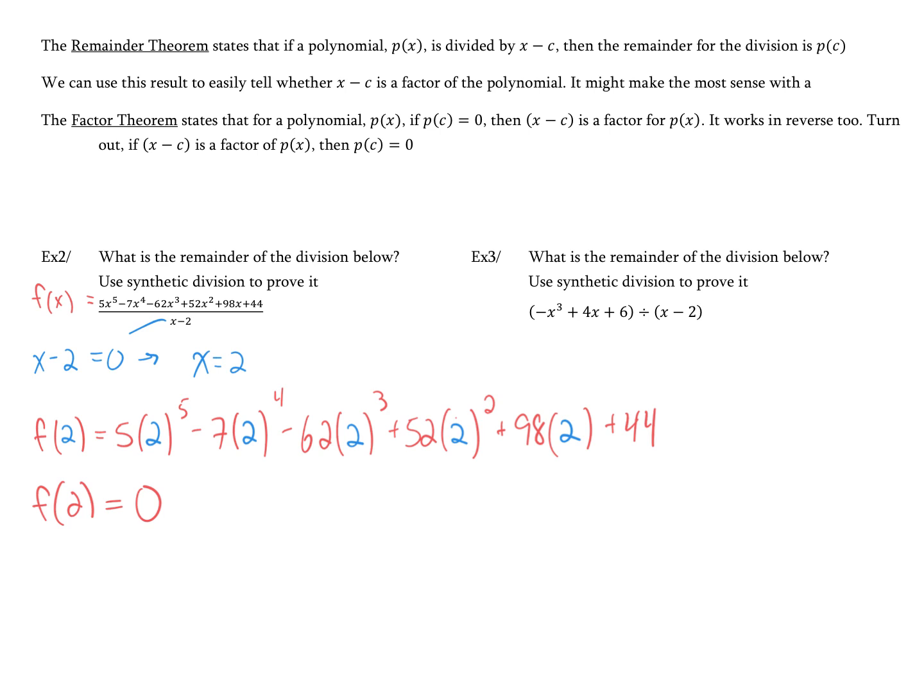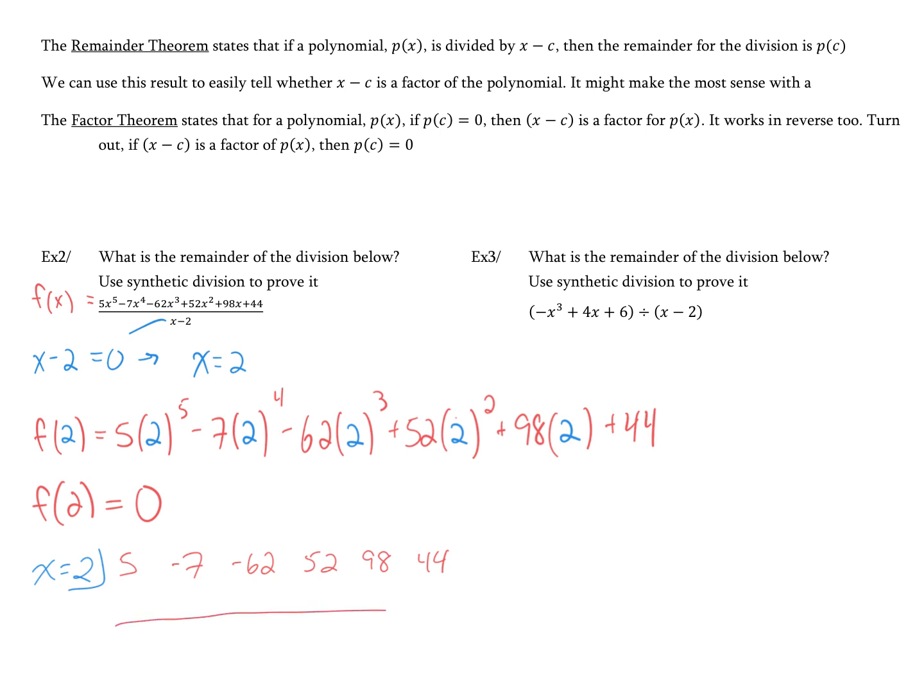We already know that x equals 2 is what goes in the corner. And you can see the coefficients here of 5, negative 7, negative 62, 52, 98, and 44.